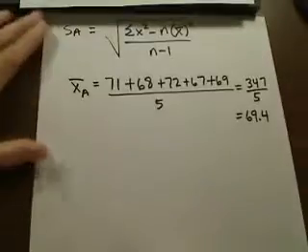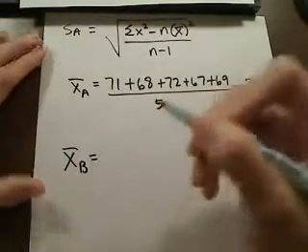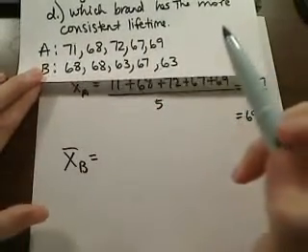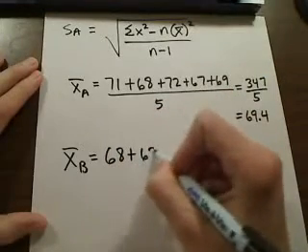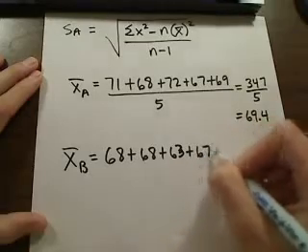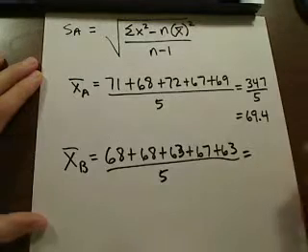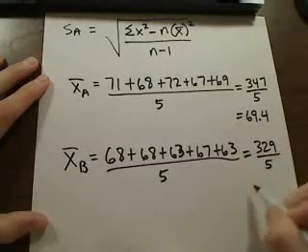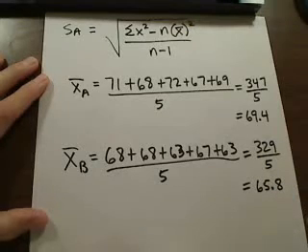And since they asked us to do this as a part A, I'll just go ahead and calculate the mean for B as well. So here's our values for B. Okay, and so we're going to have adding those up, and then dividing by 5, and we see here that we get 329 over 5, and that is 65.8.